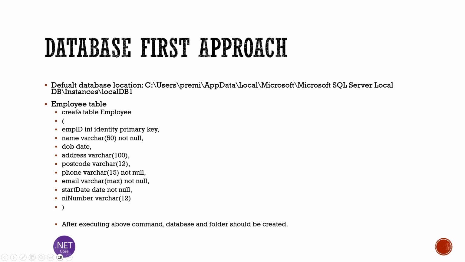But this is what I want to create now: an Employee table with EmployeeID, int as a data type, identity for auto generation, and primary key. And then we got Name, varchar, not null. We got DOB, address, postcode, phone, email, start date, and NI number of our employees. So that's what I want to create in my project. So let's go back to our Visual Studio.